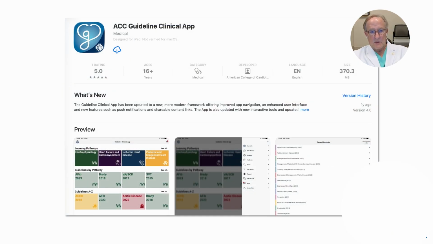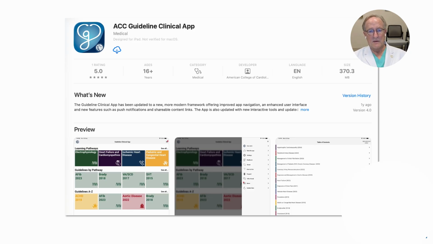And I'm going to close by suggesting that anybody who's actively evaluating these patients or who wants to learn more about accessing guideline-directed therapies, the ACC Guideline Clinical app is continuously evolving. It's mainly based upon guidelines and clinical practice statements by the society, but I would urge you to download this from the ACC website.